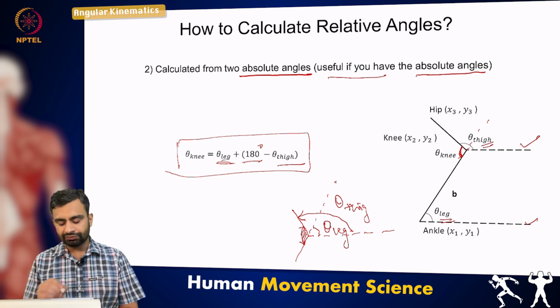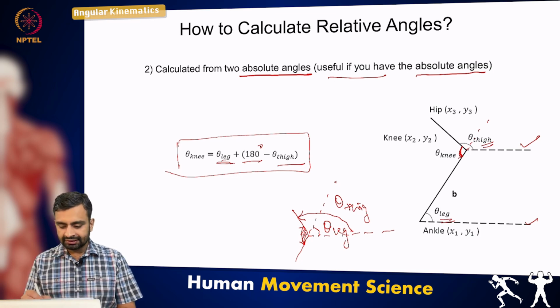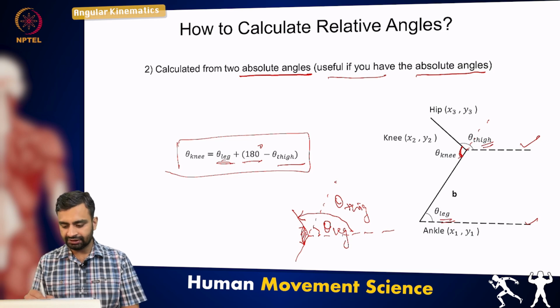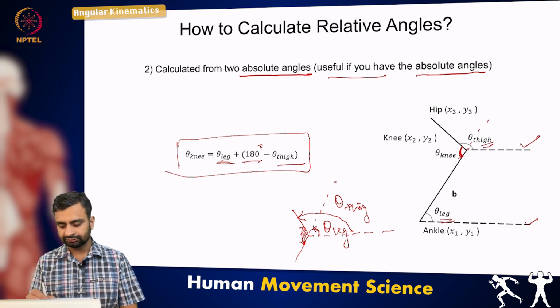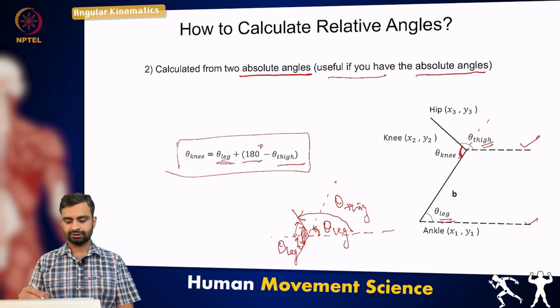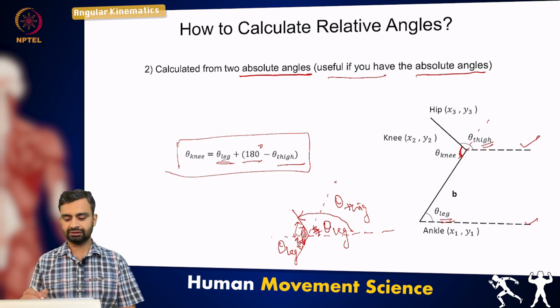So where did this equation come from? This theta leg is nothing but... we want to find out this angle. So we add this angle, since this is 180 degrees, and we subtract this, and this angle is theta leg, because these are opposite angles, so they are equal.